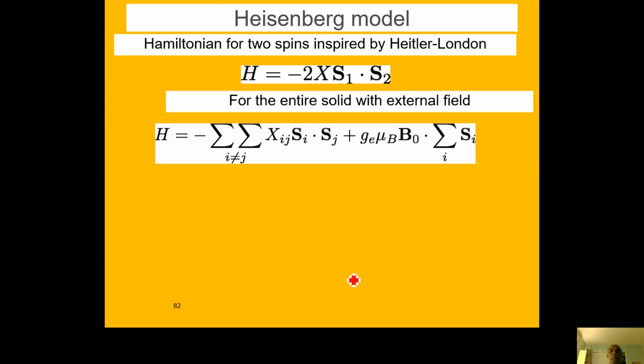Now if you want to calculate this Hamiltonian for all the spins, I need to calculate all these cross terms. So I have to get Si dot Sj: for a given Sj, I have to calculate for all i, except j, and then I have to calculate for all the j values.